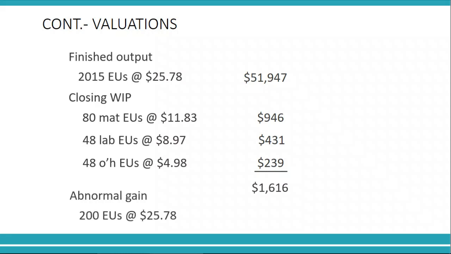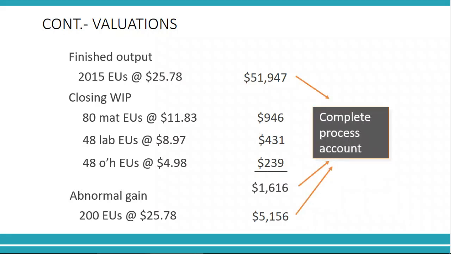Abnormal loss and abnormal gain are valued at the good output value. So your good output was 25.78, and the same value you assign to your abnormal gain. So your abnormal gain was 5156, and then we will add them into our process account.